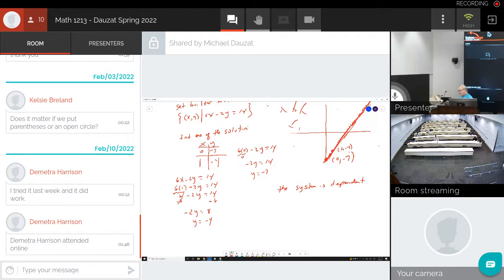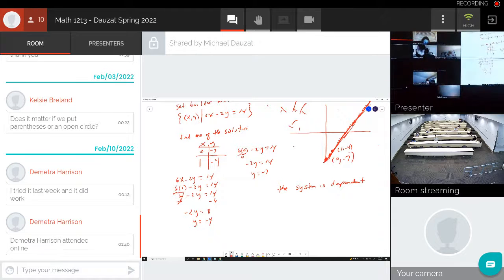All right, now the next thing I want to look at is, do you see the one that says section 2.4 worksheet 3?